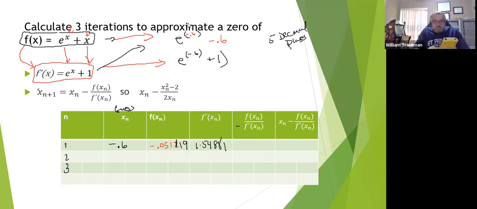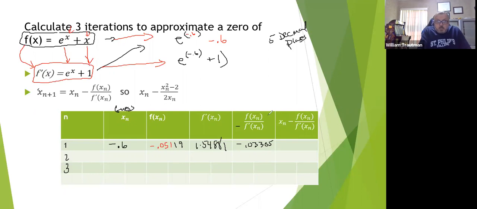Negative 0.0519 divided by 1.54881. And I have an extra 1 in there. And when I do that, I get negative 0.03305.